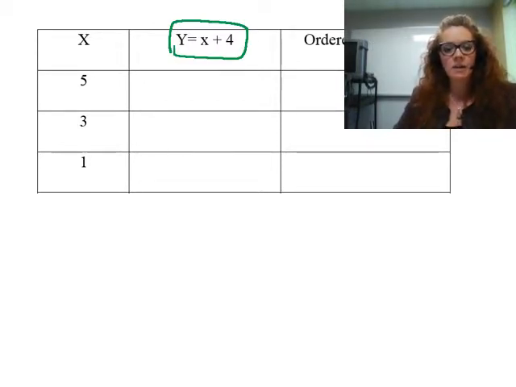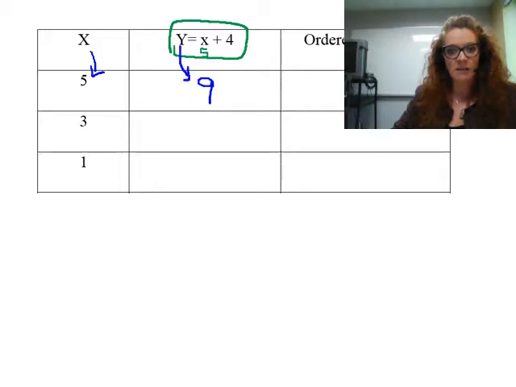You get to pick the x values, pick anything you like, and in this example we've picked 5. So if I plugged in 5 for my x value, 5 plus 4 equals, I hope you said 9. So the x value is going to be 5, and the y value is going to be 9. So our ordered pair would be 5, 9.